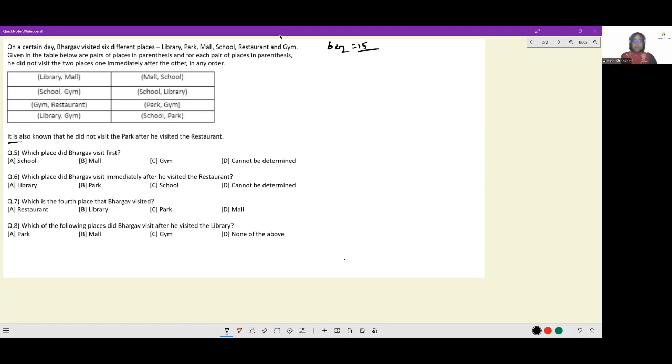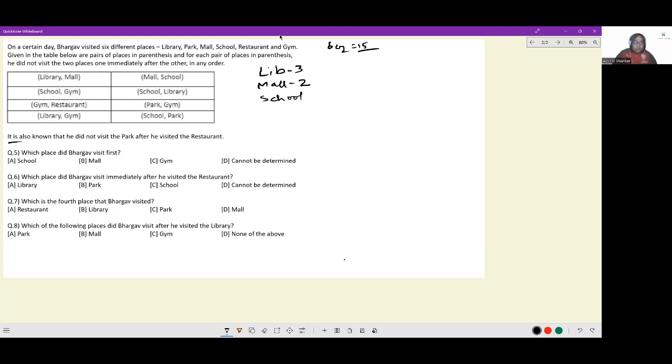For 8 pairings, how you start working here is first you try to identify which entity out of the 6 has been mentioned a maximum number of times. Library is mentioned 3 times. Mall is mentioned 2 times.